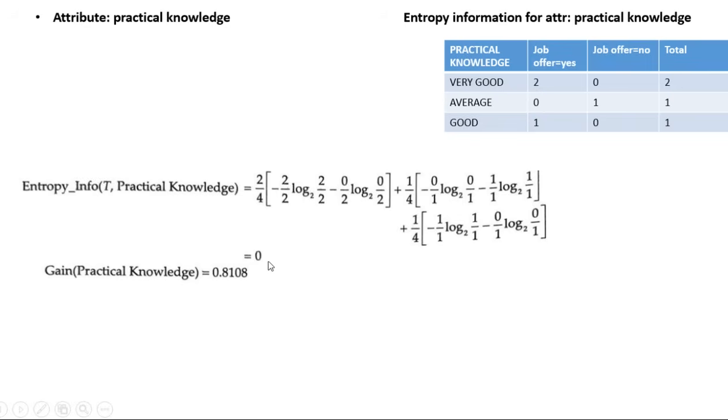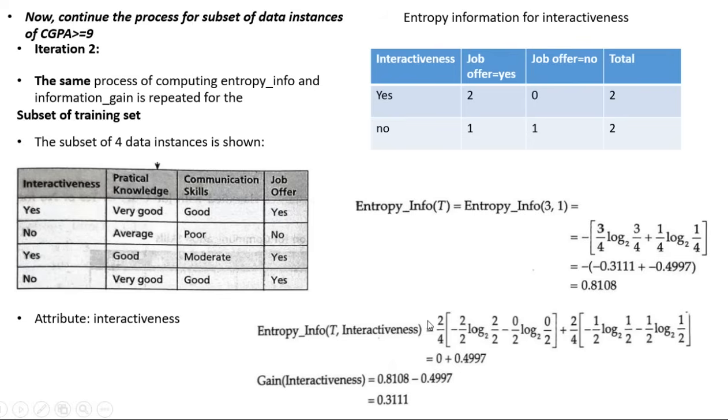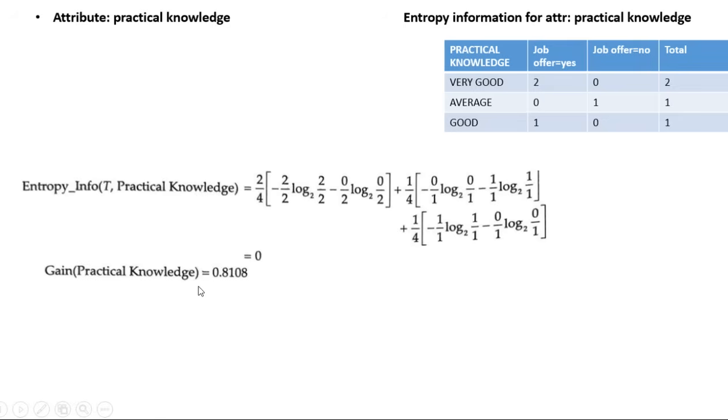I am getting the entropy information as 0. How did I calculate the gain? The total entropy is 0.8108 minus 0, which is nothing but this. So the entropy information for attribute practical knowledge is 0 and the gain is 0.8108.